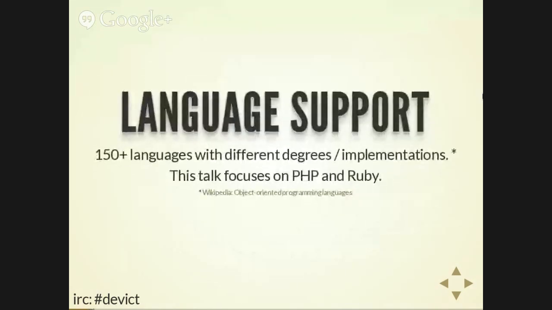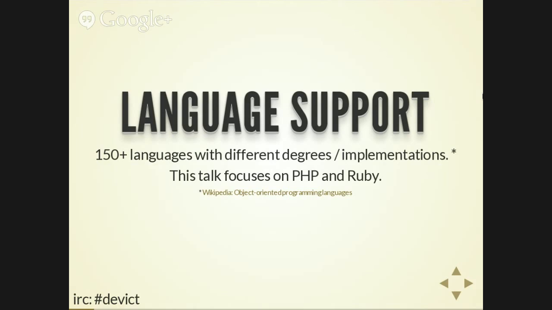It's very well supported. According to Wikipedia, there's over 150 known languages that have some degree of support of object-oriented features. I mention degrees or implementations because while a lot of the concepts of OOP are the same across languages, not all languages support all the features, or they don't support them all the same.